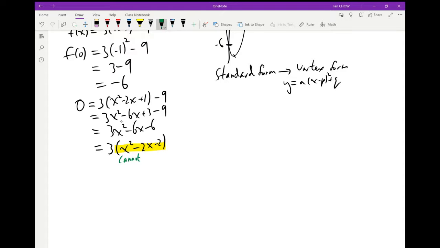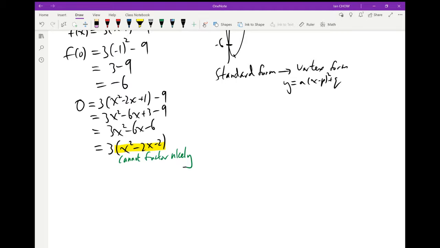There's no combination of the crossway to find that. If I do negative 2, 1, or 2, 1, or negative 1, 2, or 1, negative 2, none of these combinations will give me a negative 2 in the middle. So we cannot use this method. That's why the textbook tells us we need to use the standard vertex form.